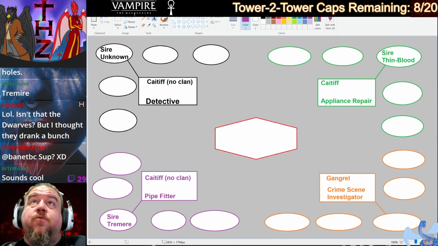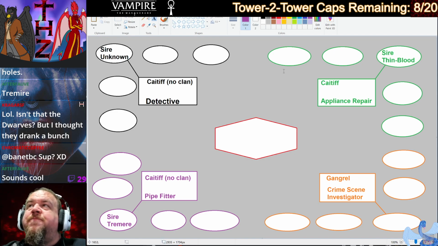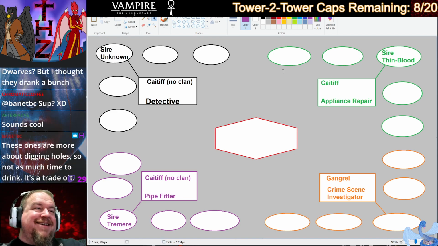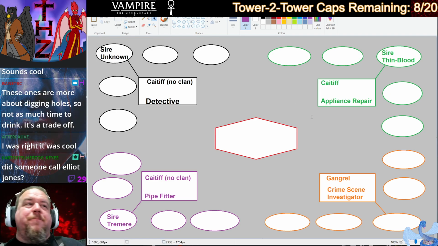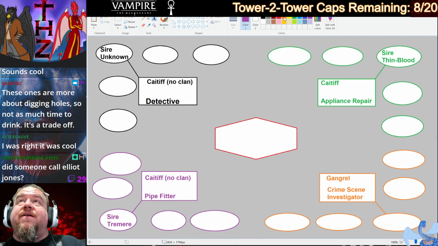Now, the Gangrel would have a Gangrel as a sire. But we know that they do have connections to their sires.